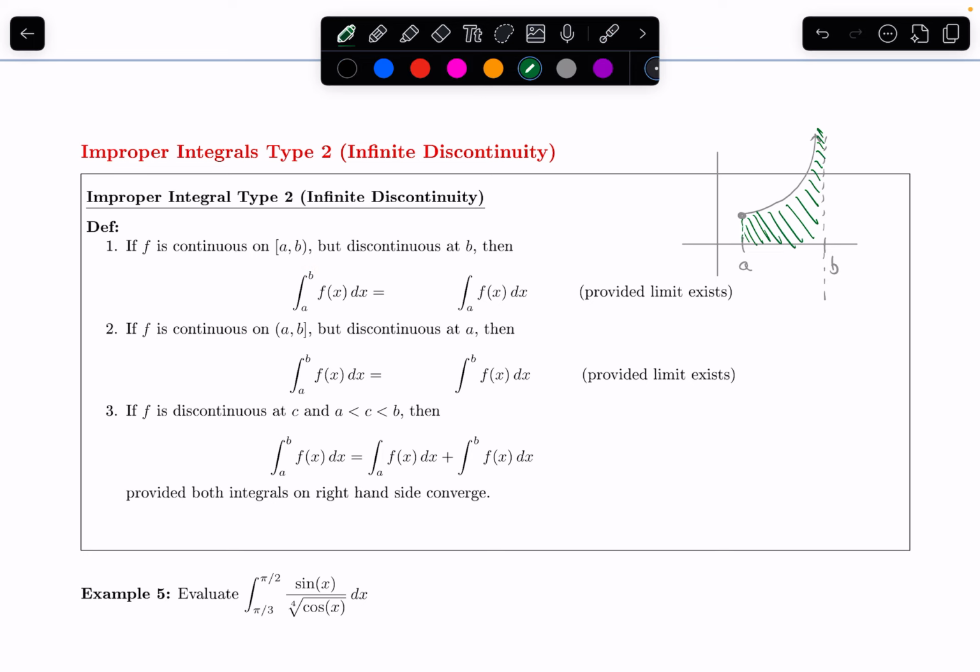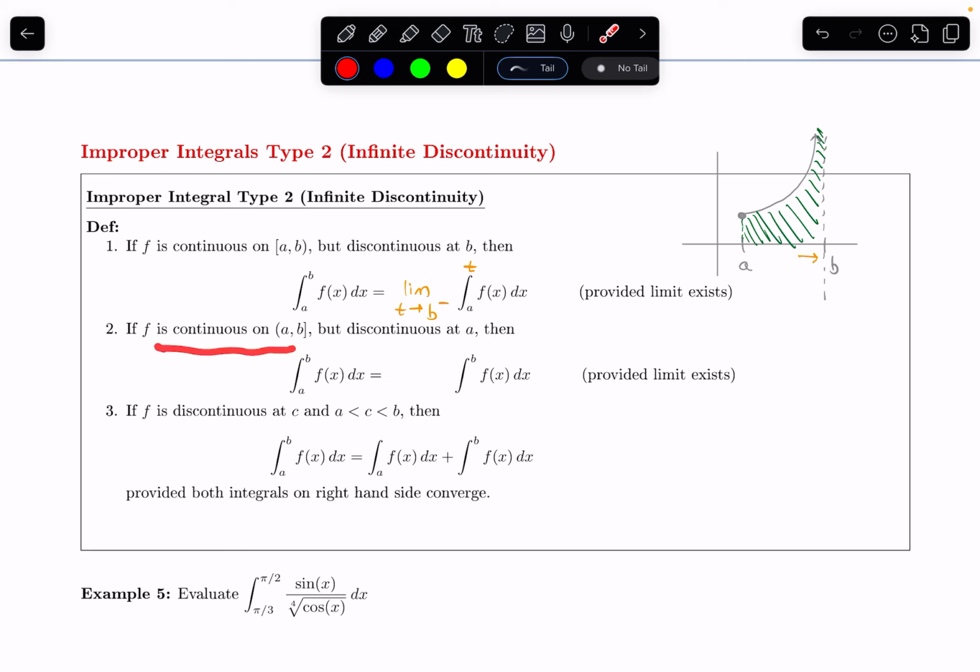So I'm going to replace that b with a variable, I'll call it t. Now I need to take the limit as t approaches b from the left, because I just care about what's happening in this graph as my value of t gets very close to b from the left side. As long as this limit exists, that's going to be the value of this integral.